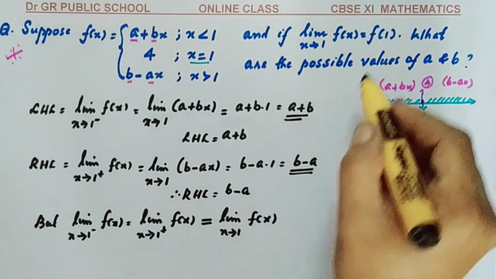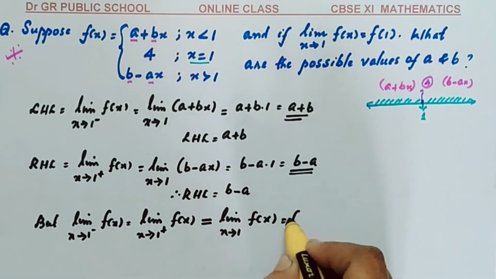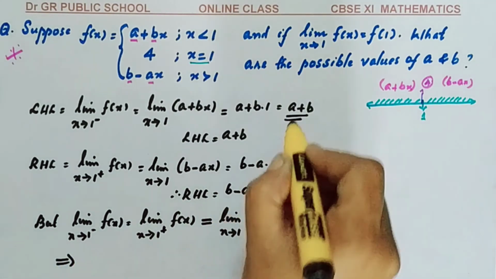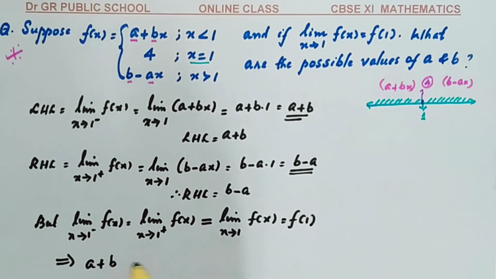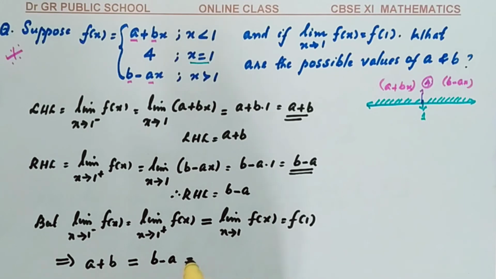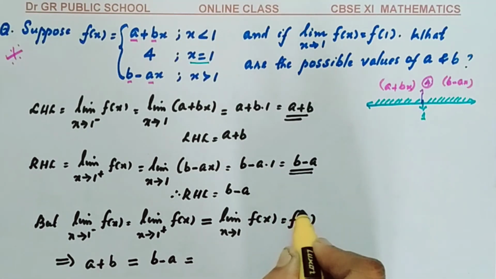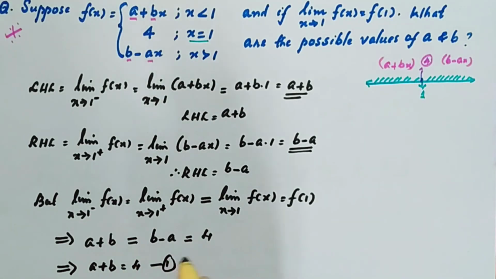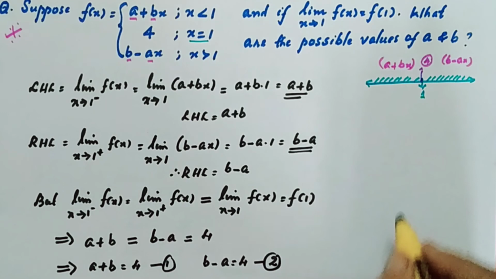But this limit is given to us as f(1). That means the left hand limit is a plus b, which is equal to the right hand limit b minus a, which is equal to the value of the function at x equal to 1, f(1), which is 4. From this, you get two equations: a plus b equal to 4, equation number 1, and b minus a equal to 4, equation number 2. Solving 1 and 2, you can find the values of a and b.